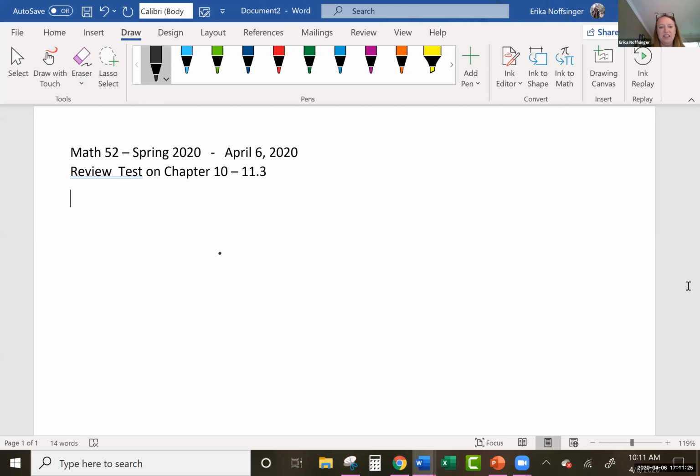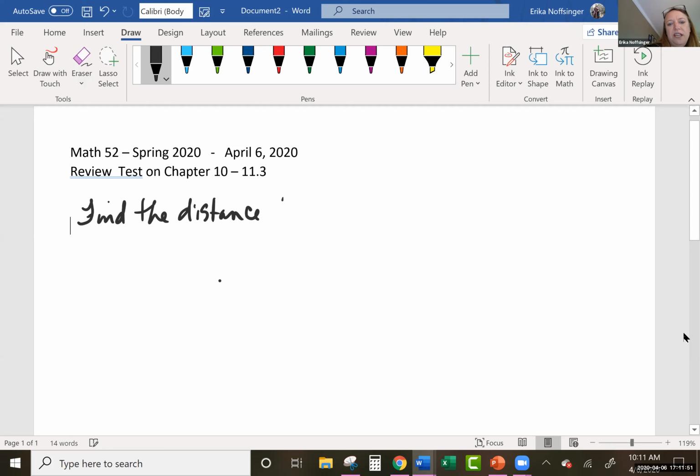So again, certain apps wouldn't recognize how to do the question, and I can see that you guys are doing your own things. So for radicals, something that you might see is, let's say it says find the distance between the 2 points.